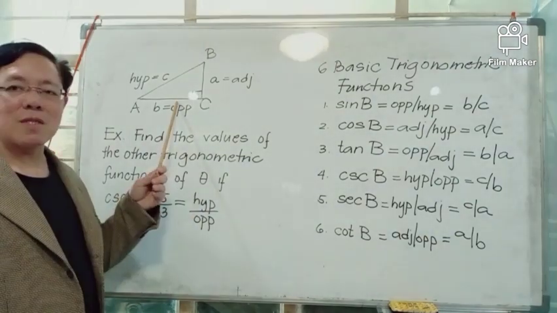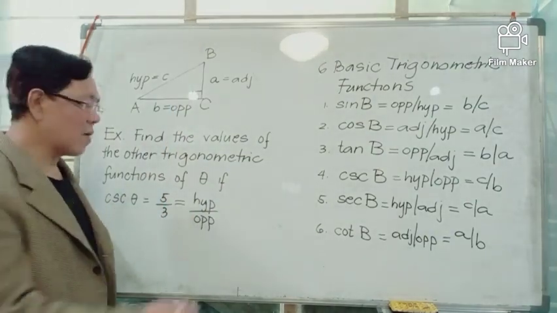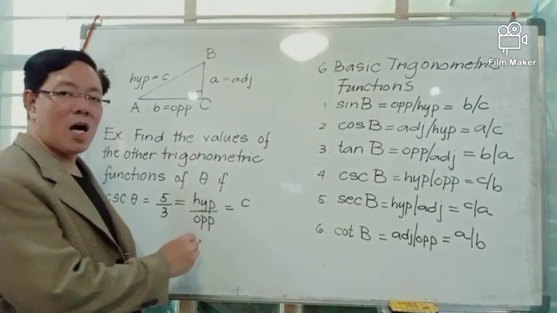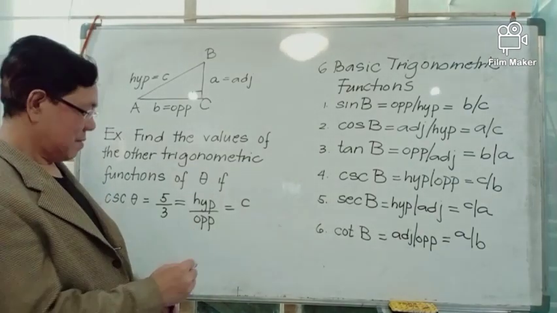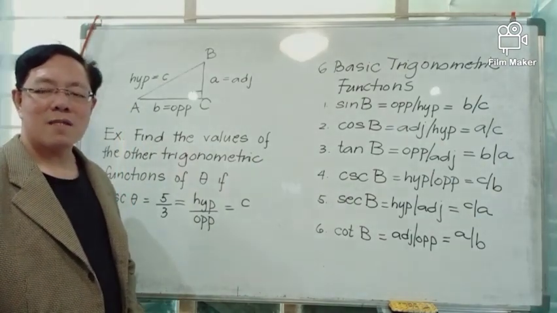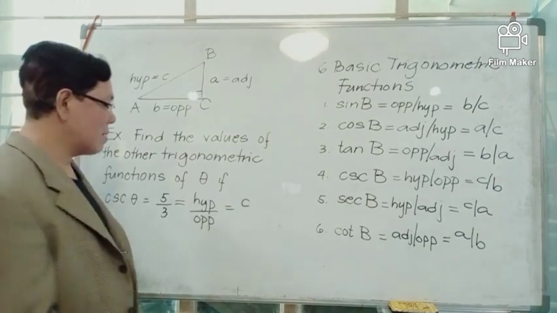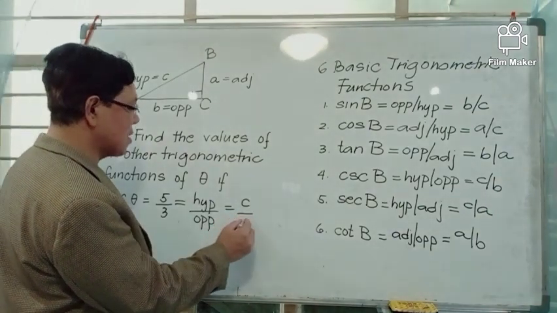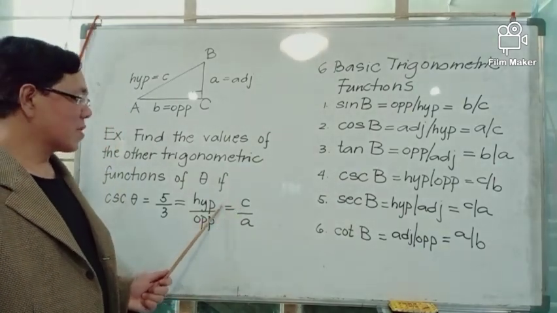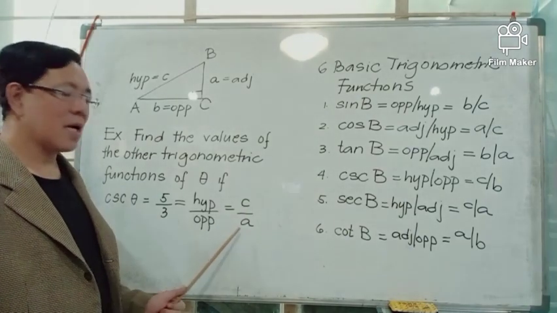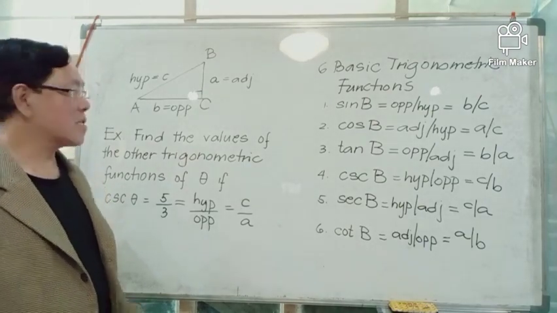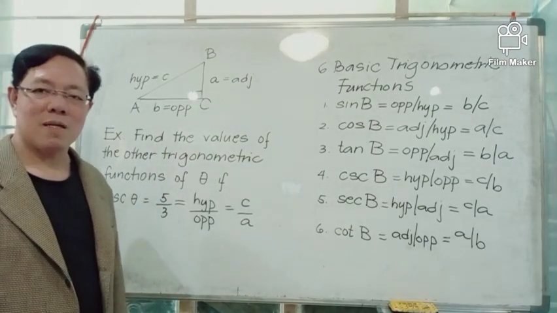Using our notations in this right triangle, we denote the hypotenuse by small c, and suppose we take A as the angle theta, we denote the opposite side by small a. And therefore, the small letter b will be our adjacent side.